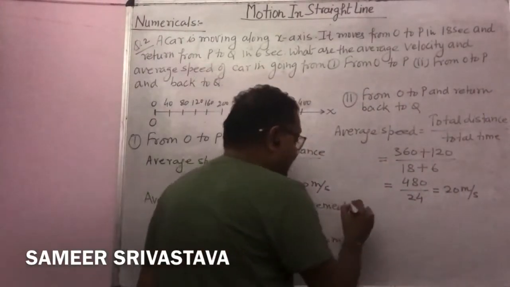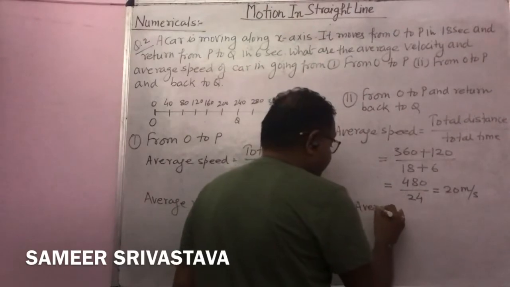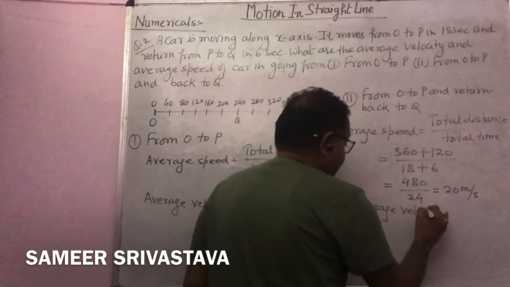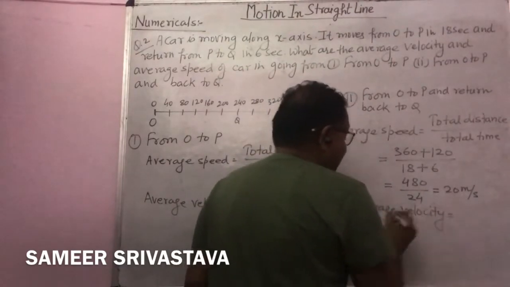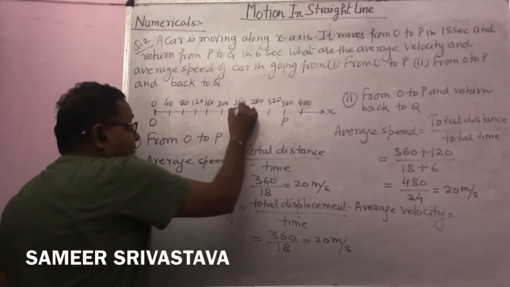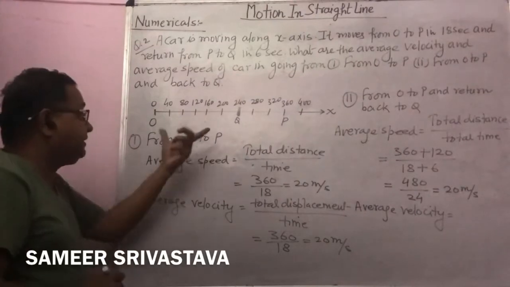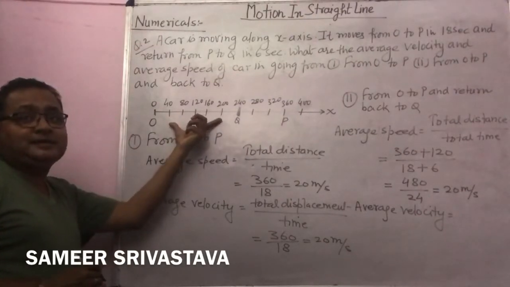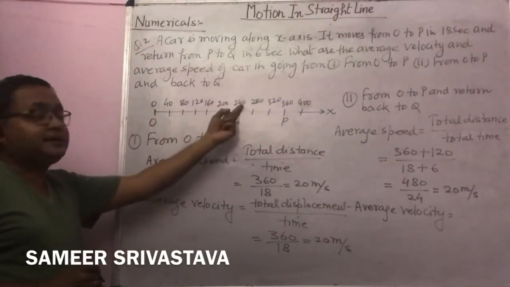Now if we find the average velocity, in this case, for the average velocity, the car's last position is at the point Q. So we take the distance from 0 to Q, that is 240.